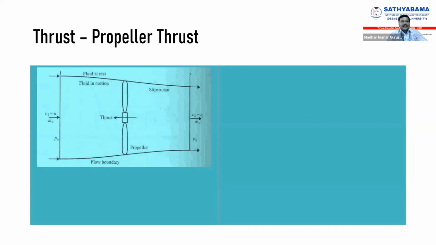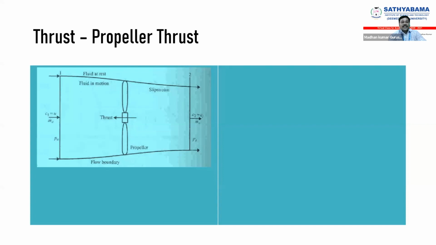Okay, let's see, right? We are considering two cases: fluid at rest, which is the outside part of the duct of the jet engine, and fluid in motion, which is the inner part of the jet engine. The propeller, which is rotating, will create pressure differences, right?